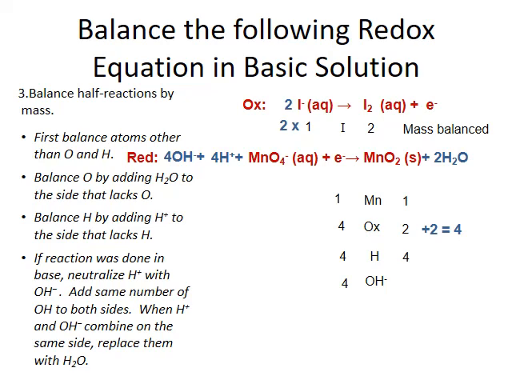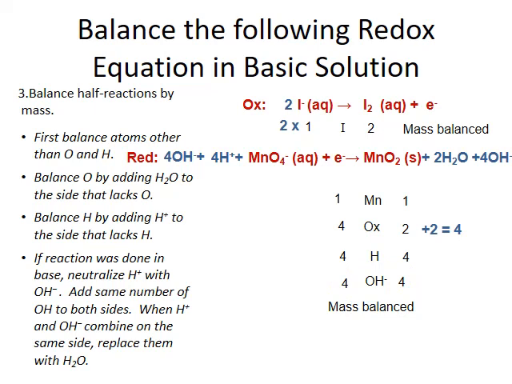Now the hydroxide ion doesn't actually take part in the reduction process, so it'll also be present in the same amount on the product side. We add the same number to products, and this allows us to mass balance our hydroxide ion. Now, the reduction half reaction is mass balanced. We have one last step.